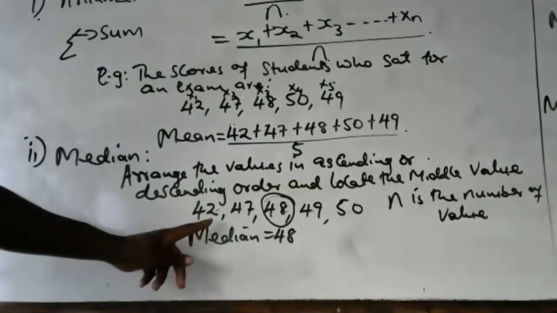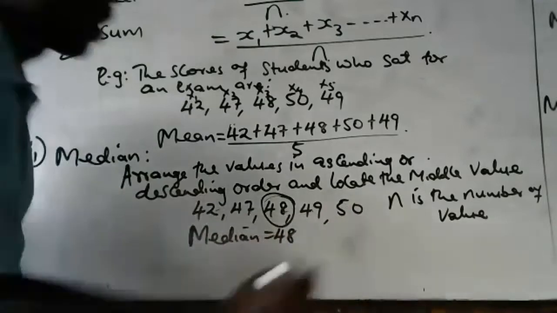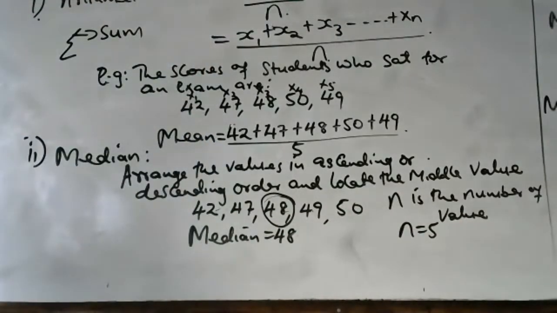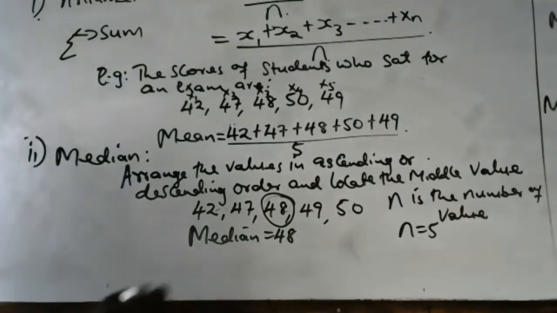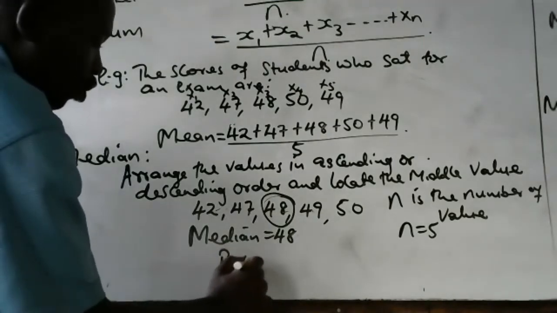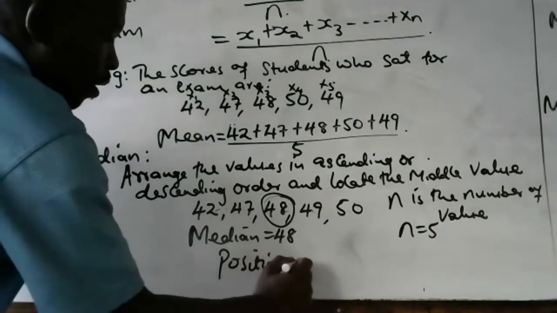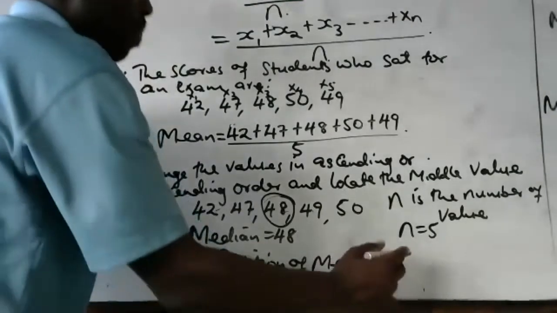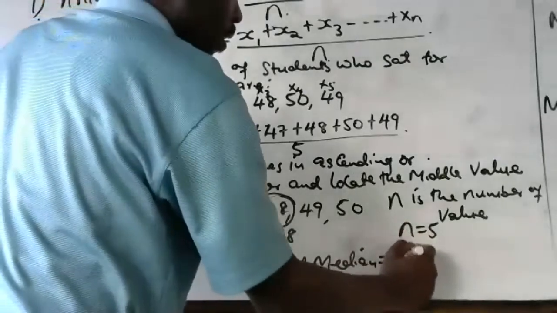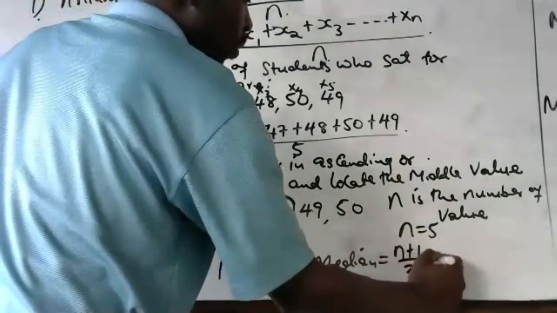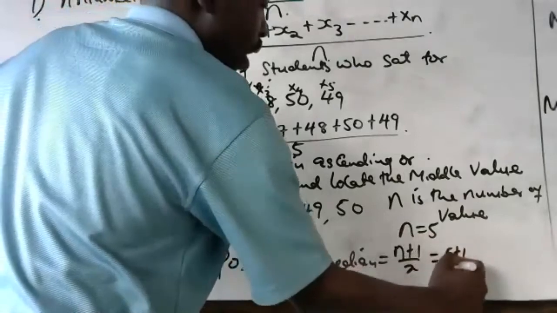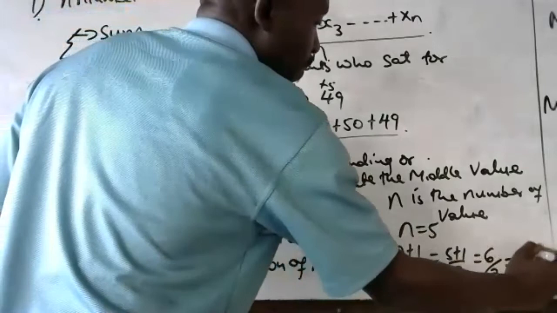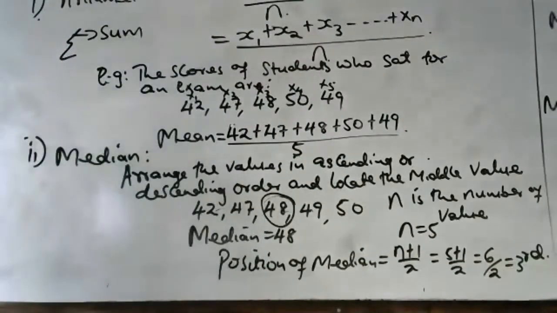In this case, we had 1, 2, 3, 4, 5. Our n is 5 because we had 5 numbers. Therefore, the median position will be given by n plus 1 over 2, which is 5 plus 1 over 2, which is the same as 6 over 2, which is the 3rd.